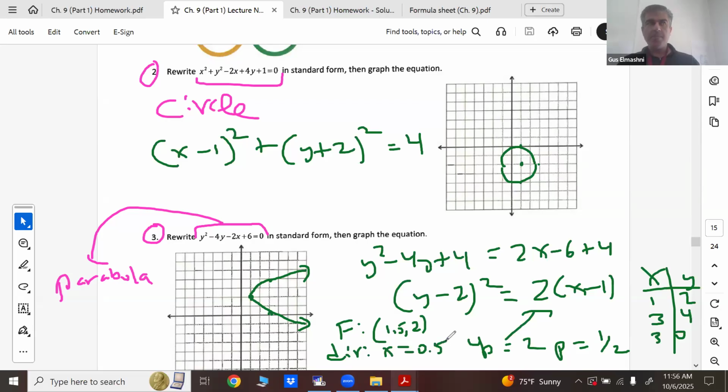Where's the standard form of a parabola? It's right here: (y minus k) squared. That's for one that opens left to right, or horizontally. And if it was vertical, switch x and y. Make sure you put the h next to x and the k next to y.